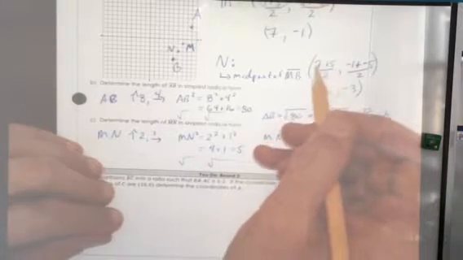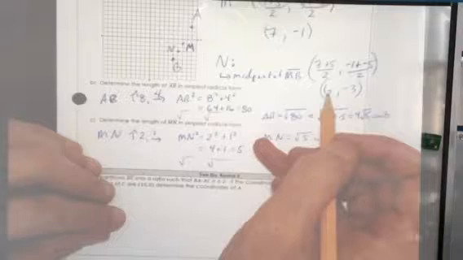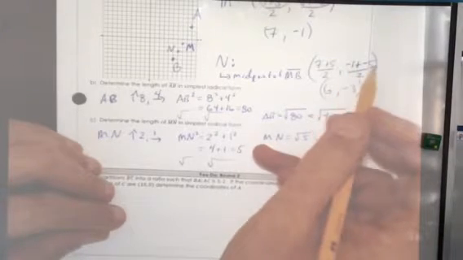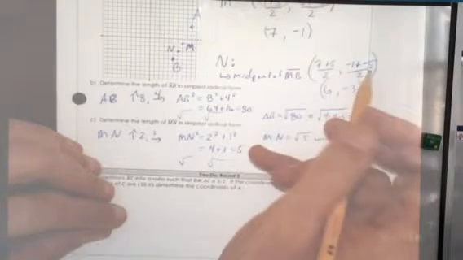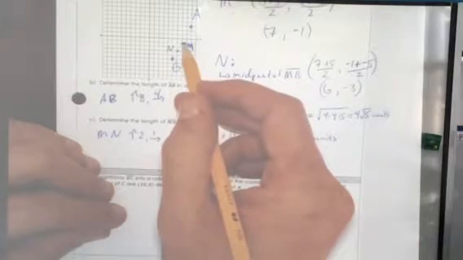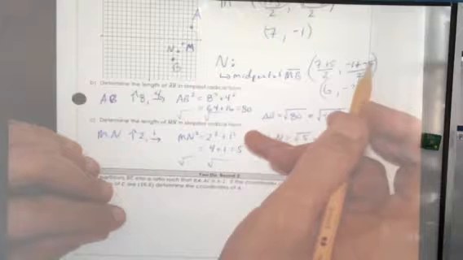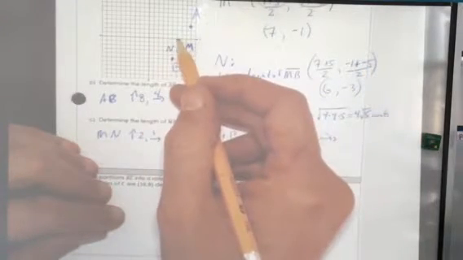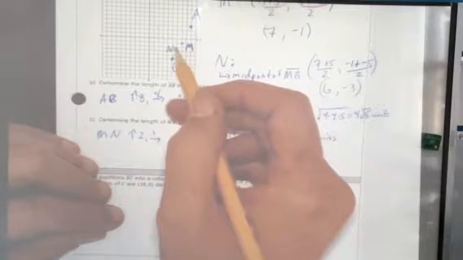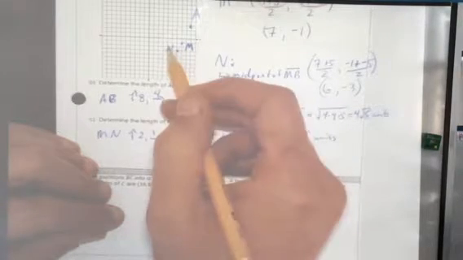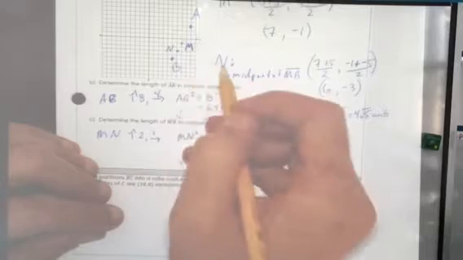Add them and get 12. 12 divided by 2, x equals 6. And then -1 plus -5 from y equal -1 and y equal -5. Add them and get -6. -6 divided by 2, -3. So there we are at x equals 6 and y equal -3 to get N, which is the midpoint between M and B.